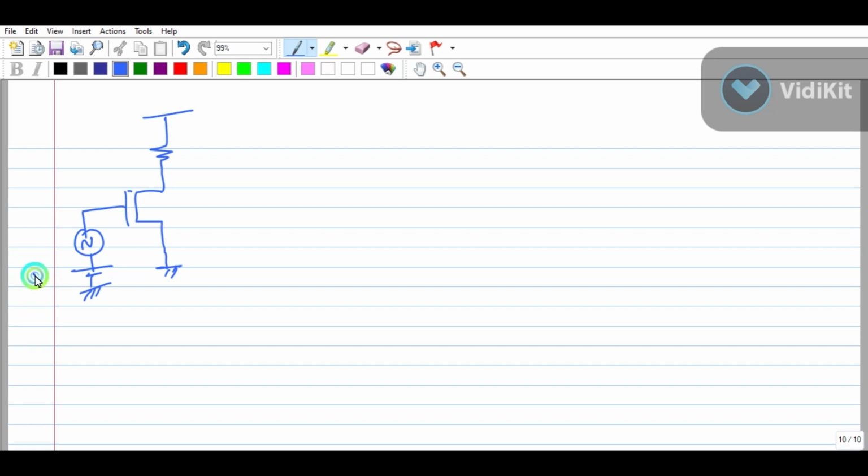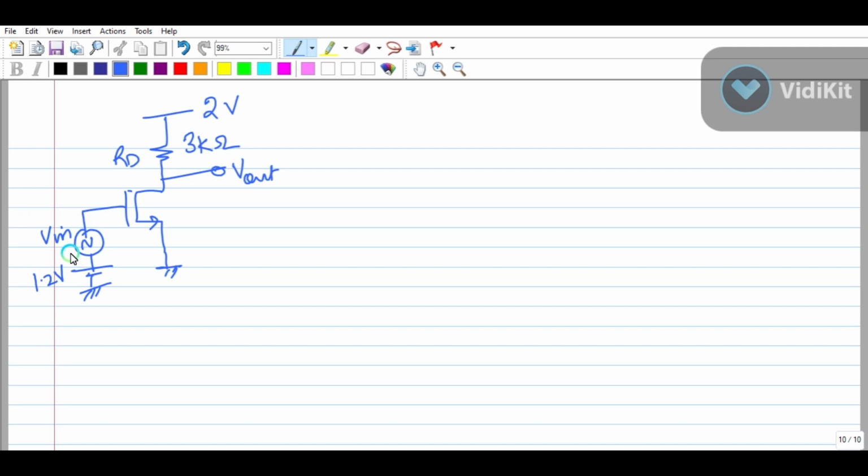This is 1.2 volt. This is 2 volt. RD is 3 kilo ohm, and there is V out, and this is an N MOSFET. So it is RD. This is V in. Okay.